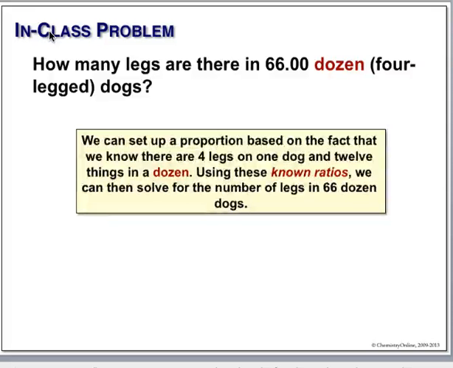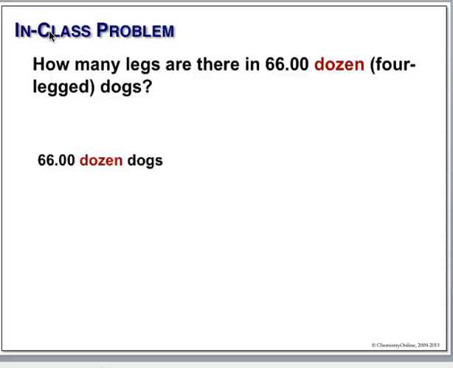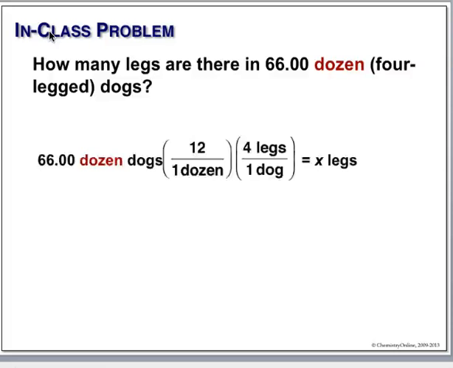We know that there are 12 things in every dozen. So we can start off just by saying our given here is 66 dozen dogs. We know that there are 12 things in every dozen. And there are 4 legs on every dog. So I can cancel dozen, I can cancel dog, and I'm left with legs. 66 times 12 times 4, 3,168 legs.